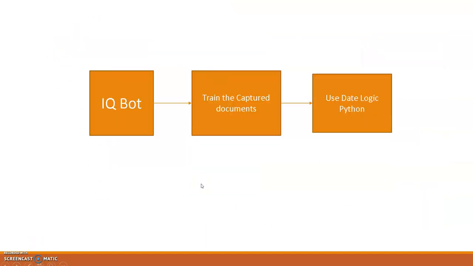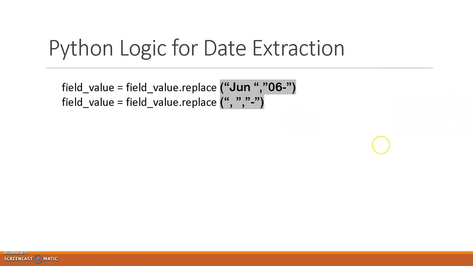Next, we can see first how to develop the IQBots for capturing the invoice information. First we have to open the IQBot and train the captured documents. Python date logic will be used because the dates are not in a consistent format.